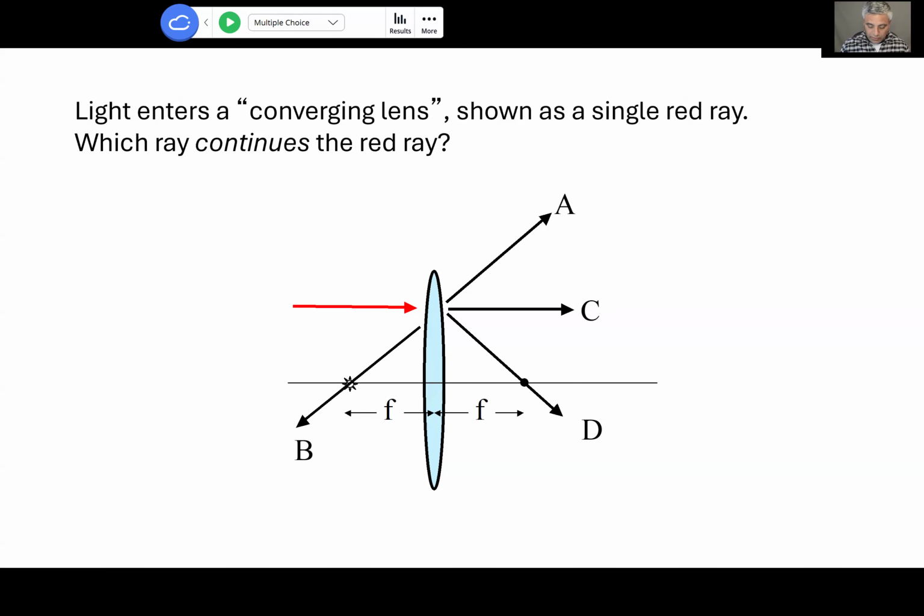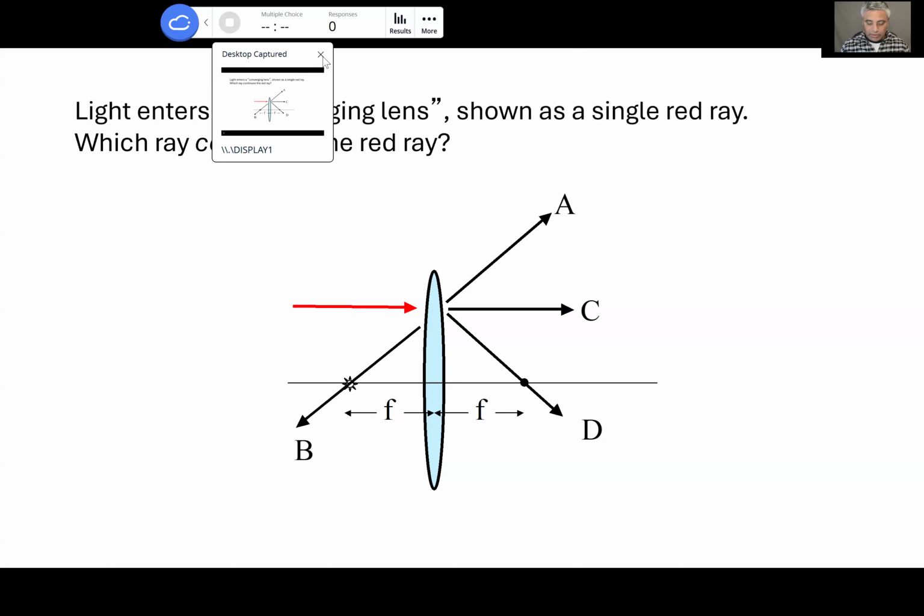And here is another question. The ray we are talking about is red. I'm opening the poll, and again, you have a minute.